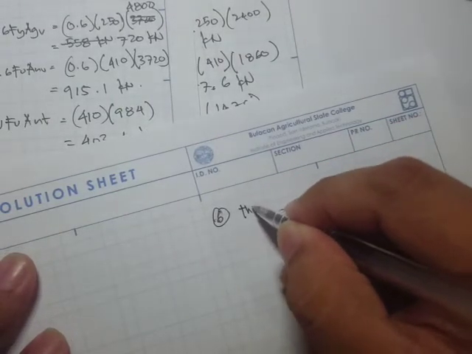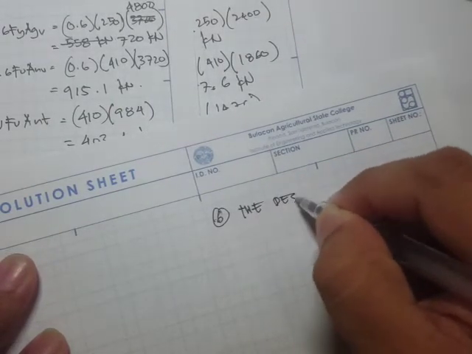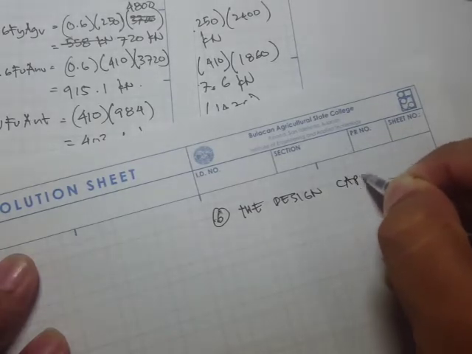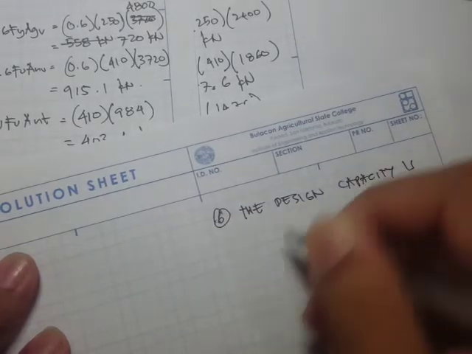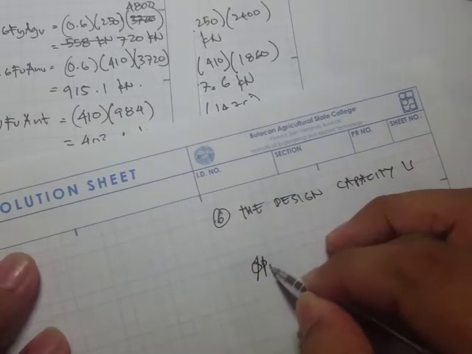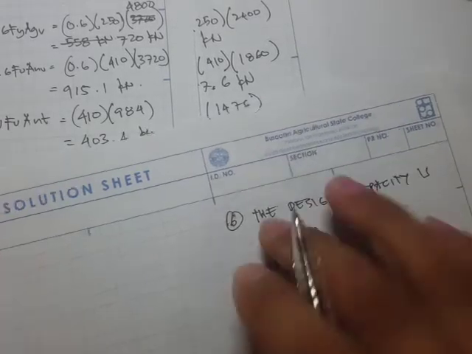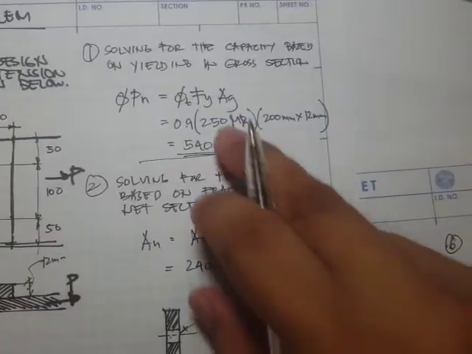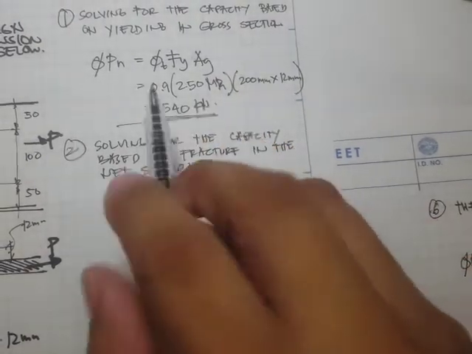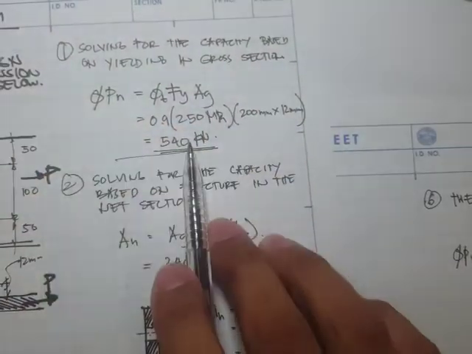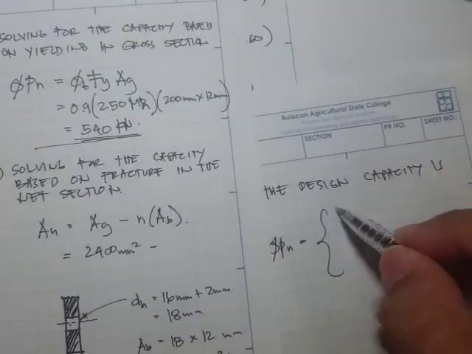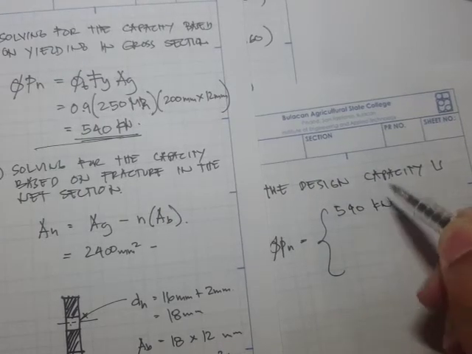So the design capacity is the minimum. Okay, phi Vn is just simply the minimum of the four values. Now for the yielding in the cross section, we have 540 kilonewtons.